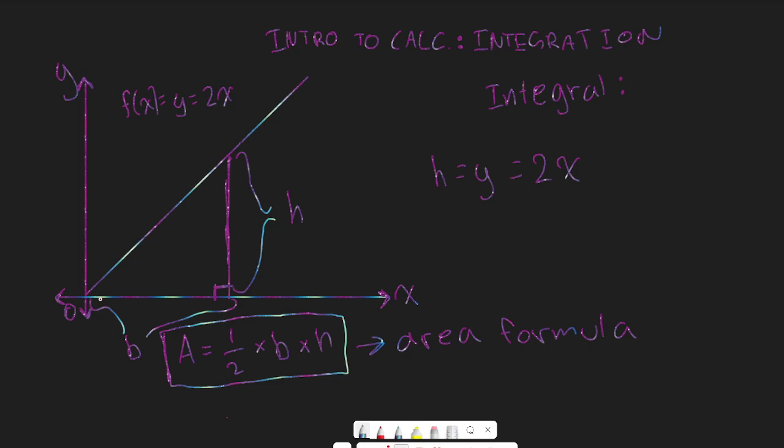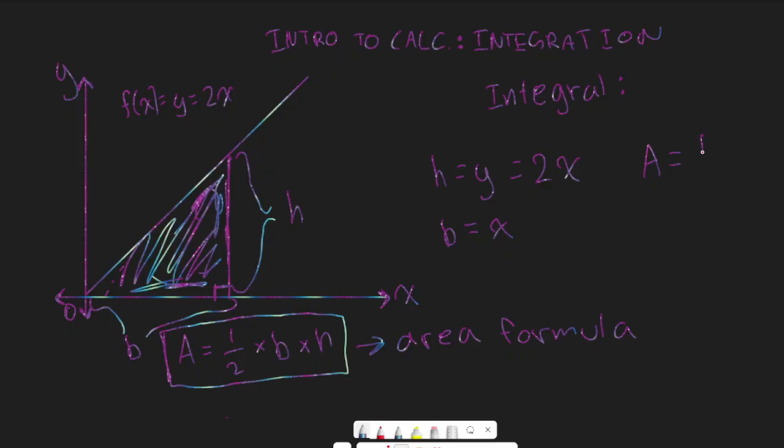That means that the base is sort of the x component of our curve, right? So our base is equal to x. It's pretty straightforward. And now all we need to do is find this area right here. So I'm going to fill this in so it's easier for you guys to imagine. And now all we need to do is substitute it into our equation for the area formula.